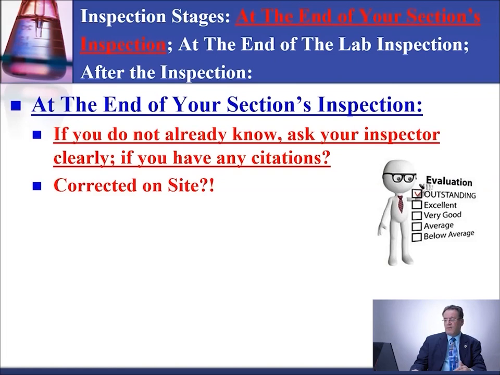If you do not already know, ask the inspector very clearly the $1 million question: Do I have any citations? Then they should tell you, because they should not surprise you at the summation with any new citations.